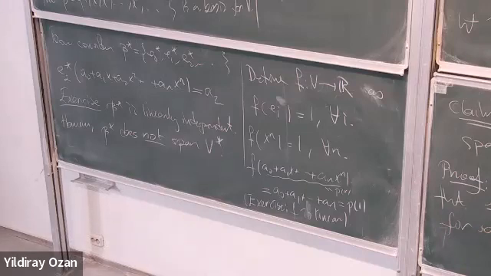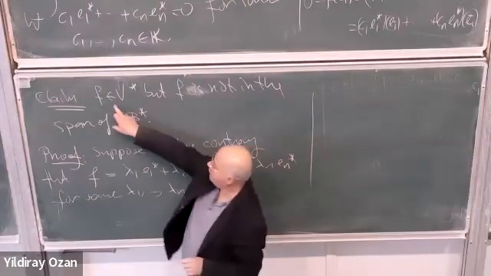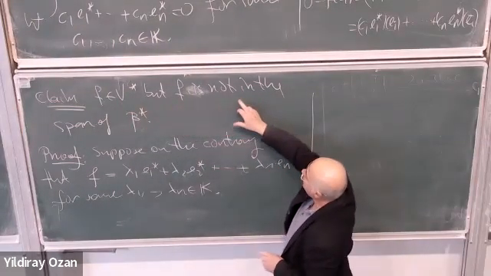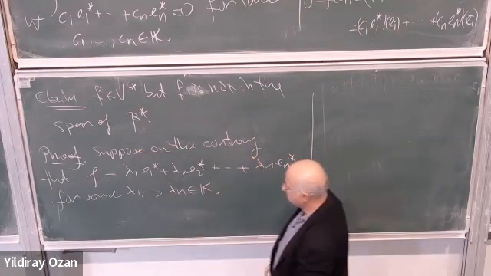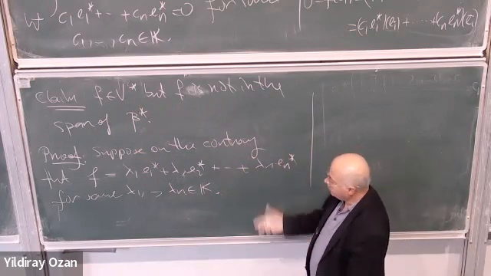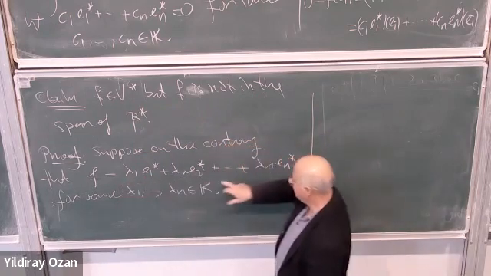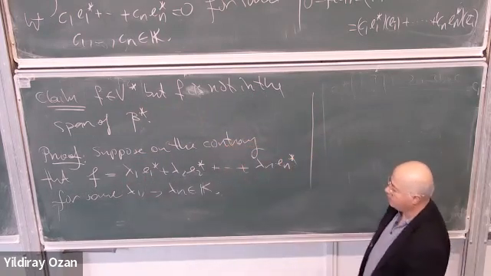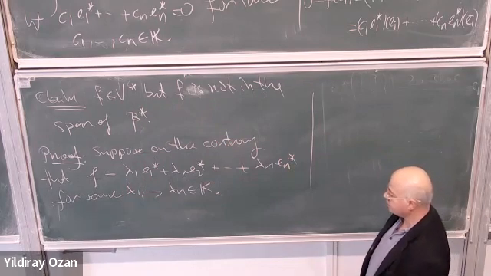All right, so we claim this f is in V star and f is not in the linear span of beta star. To prove this, we assume the negation. So suppose f is a linear combination of some finitely many elements in beta star.